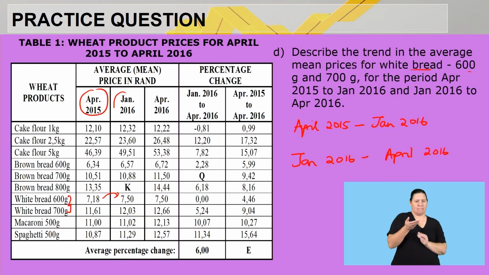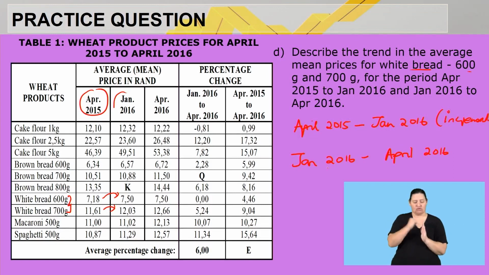It increased, from 7 Rand 18 cents to 7 Rand 50 cents. Then what happens to the white bread 700 gram, the average price? It increased also, from 11 Rand 61 to 12 Rand 3 cents. So do we agree that in this time period, the prices of both the white bread 600 gram and 700 gram increased?